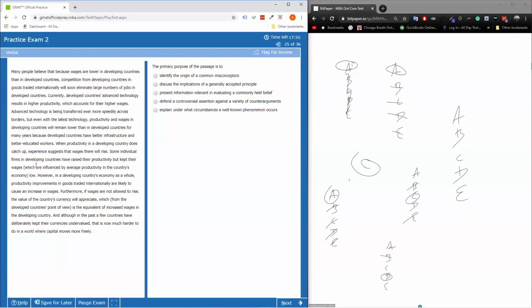Some individual firms in developing countries have raised their productivity but kept their wages low, which are influenced by average productivity in the country's economy. However, in a developing country's economy as a whole, productivity improvements in goods traded internationally are likely to cause an increase in wages. Productivity in developing countries' economy as a whole, productivity in goods traded internationally.